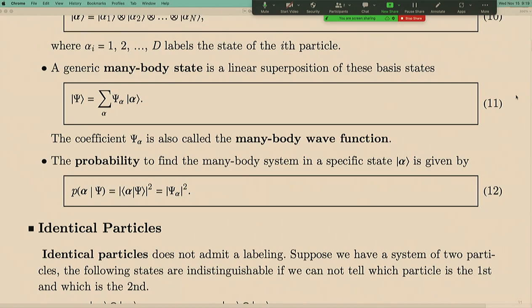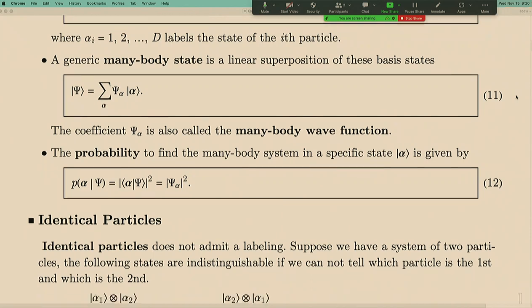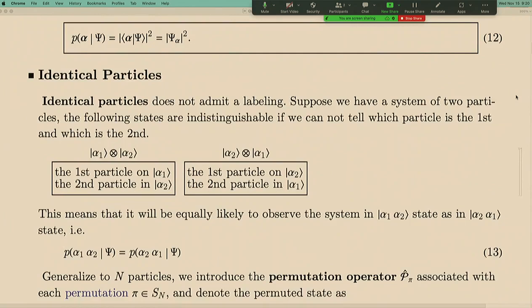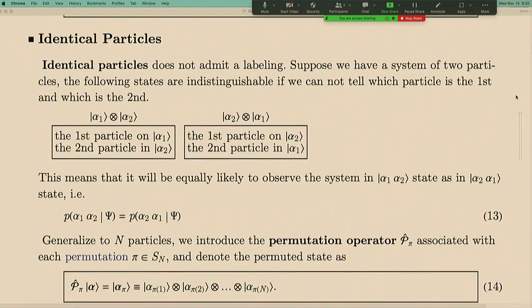So that's the probability distribution. So far so good. We have established everything as we talked about previously. As in single-particle quantum mechanics, we can of course further define operators on these states. But when we come to identical particles, we need to be more careful.